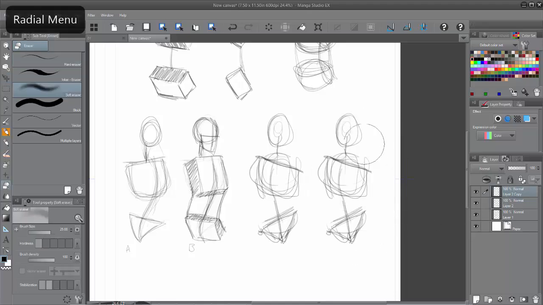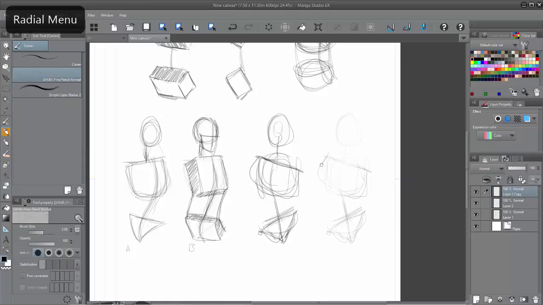Then I would knock it back with the eraser again. This is really exaggerated, obviously.